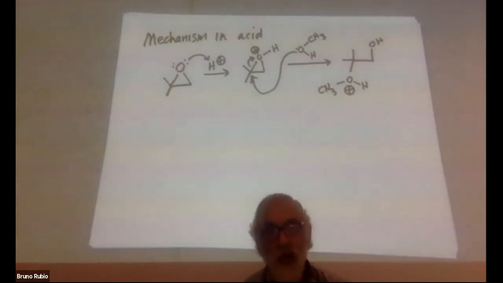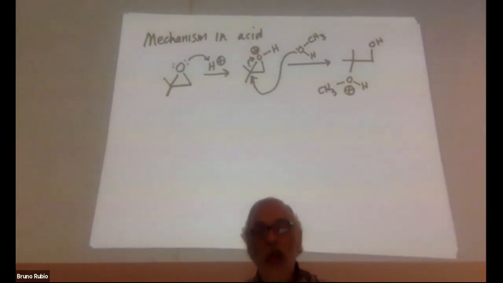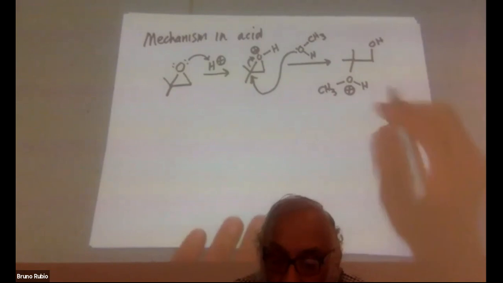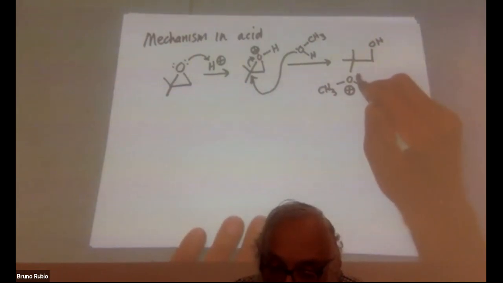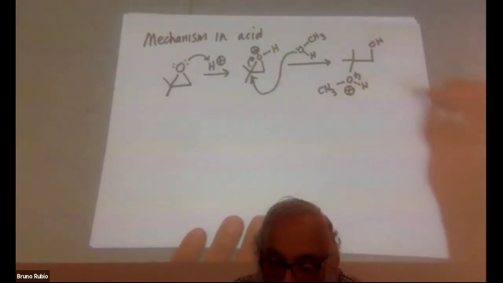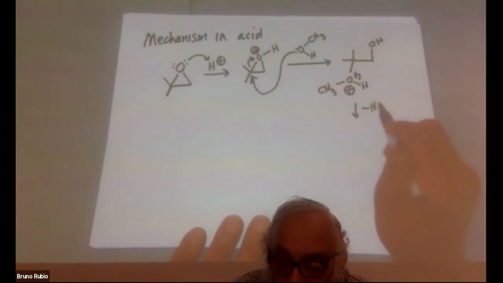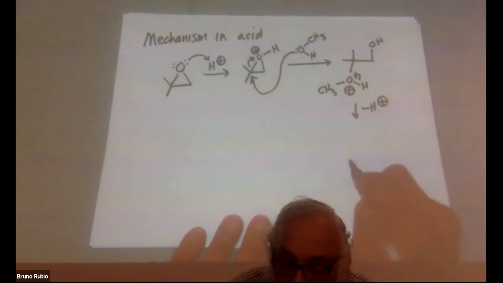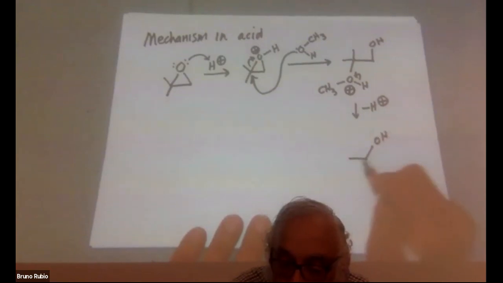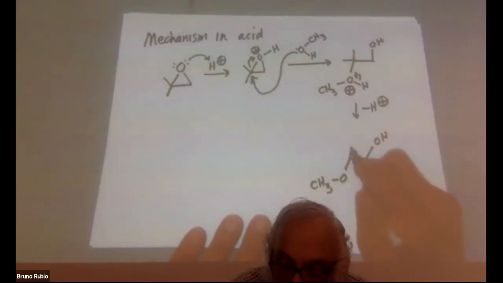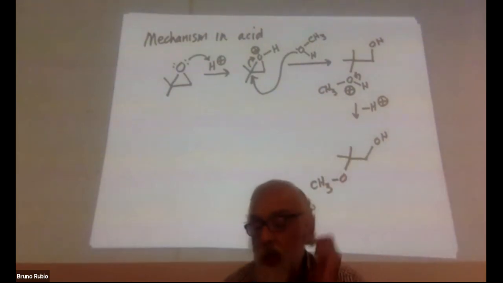And now the reaction is catalyzed by acid. A proton got everything going at the beginning, but the last step of the mechanism is the deprotonation of this oxonium ion. And here is our final product of opening the epoxide under acidic conditions using methanol.